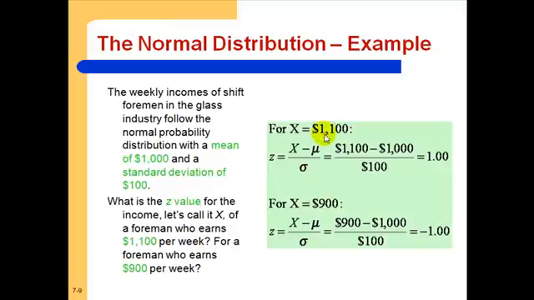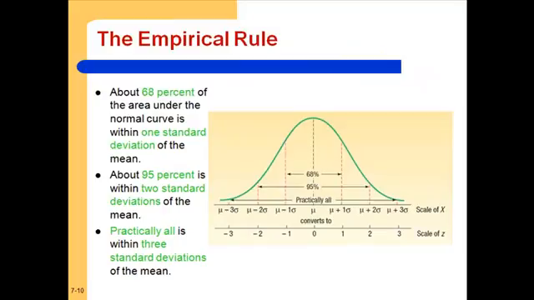For the income equal to 1,100, z equals x minus mu over sigma, equal to 1,100, that's our selected value, minus 1,000, then over 100, equal to 1. So the z-value for 1,100 is 1. For x equal to 900, z equals 900 minus 1,000 over 100. We got -1. This example actually reveals what we call the empirical rule.